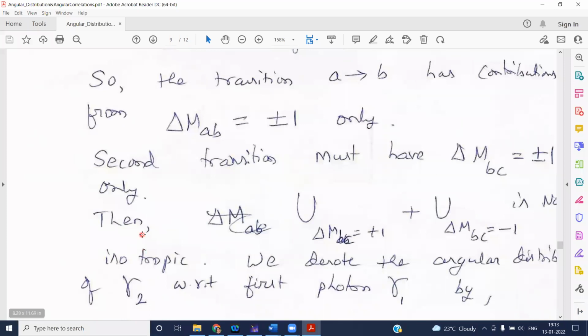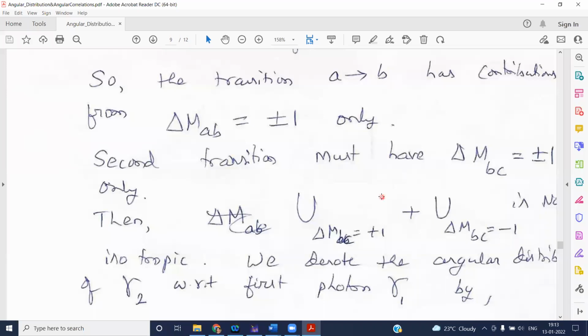So I do have delta MBC equal to plus 1 plus delta MBC equal to minus 1. This is not isotropic. It does have an angular distribution. How did I achieve it? By fixing the first gamma ray to be the z-axis, the second gamma ray will show some angular distribution. That is achieved cleverly.